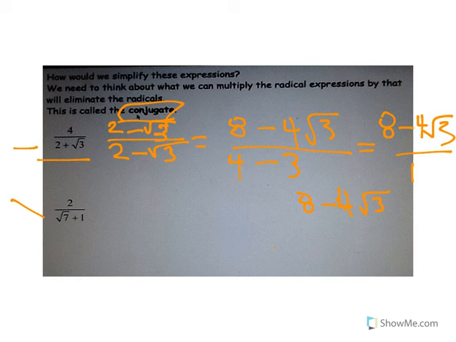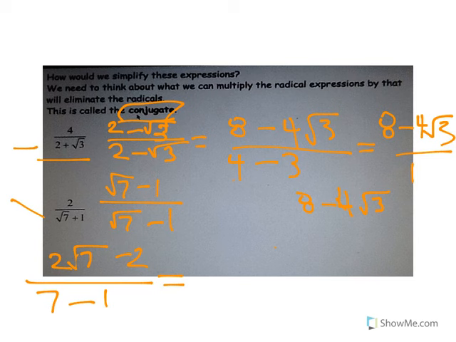Same thing here, except now I'm going to multiply by radical 7 minus 1, radical 7 minus 1. And here I end up with 2 radical 7 minus 2. That's all over 7 minus 1.